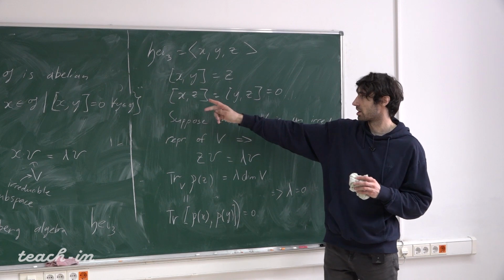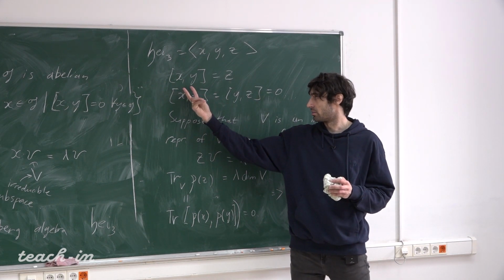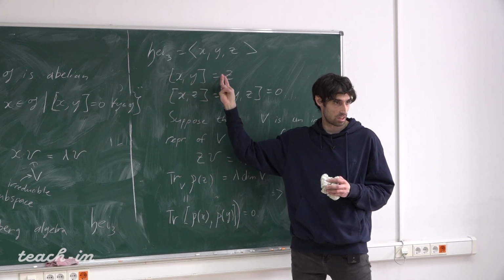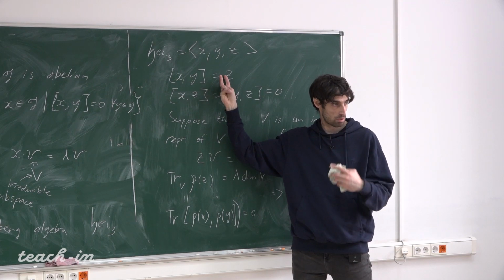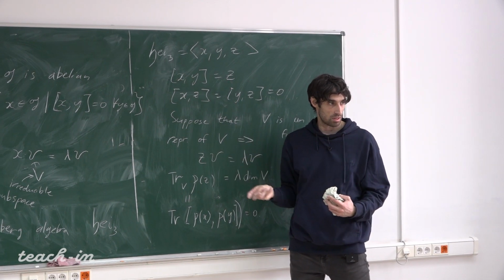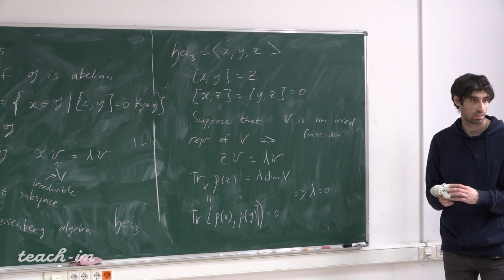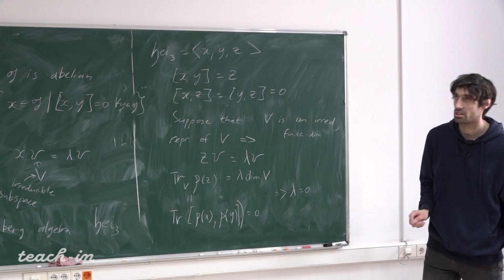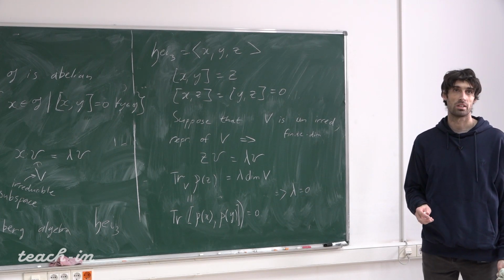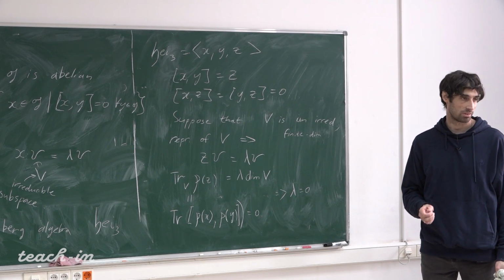So lowering and increasing operators you cook out of x and y, and this acts as multiplying by numbers, but different numbers. This is the Casimir element. With the help of the other two, you build the representation. But this one is not faithful, though.